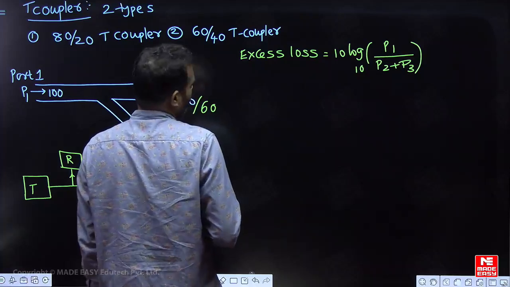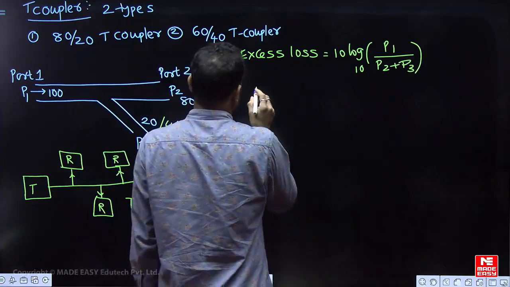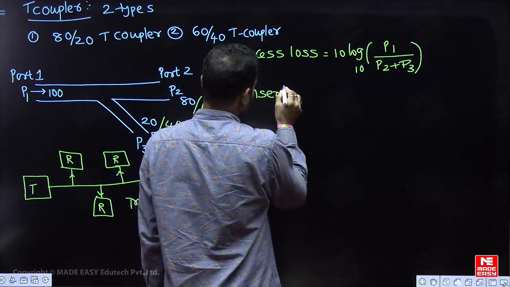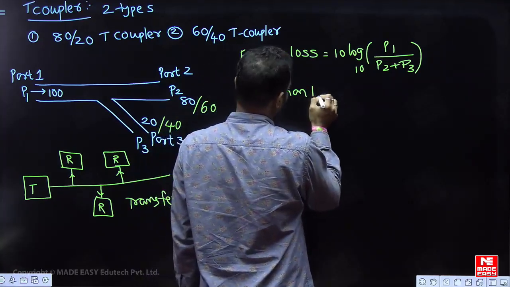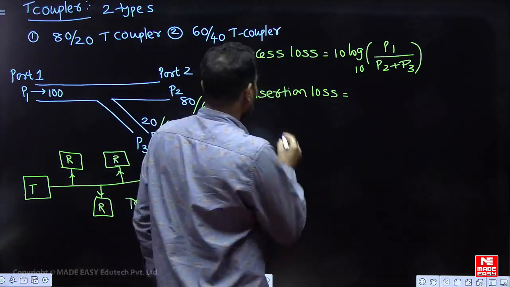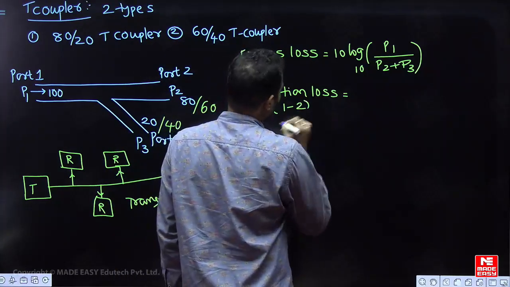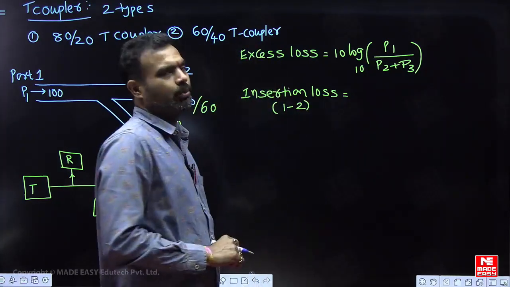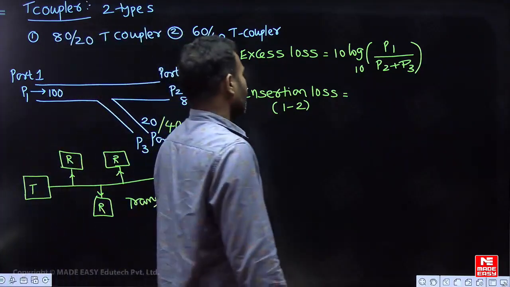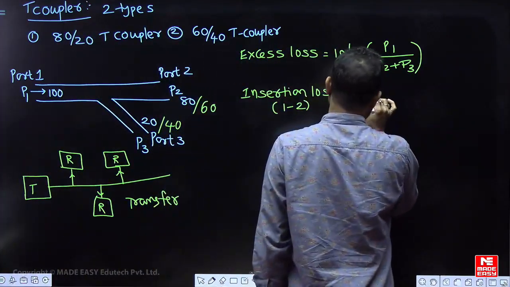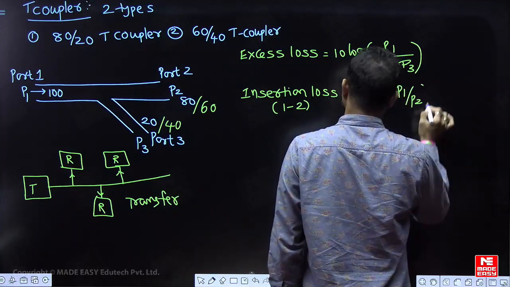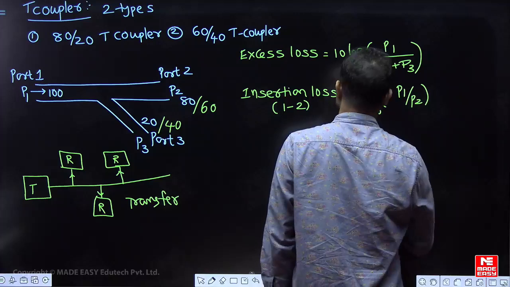After the excess loss we are discussing the next one, which is called the insertion loss. Insertion loss is calculated for port to port. Insertion loss for input port and output port, because we have two output ports. When you talk about insertion loss, we get it like this: 10 into log of input port P1, output port P2, P1 by P2 of base 10.